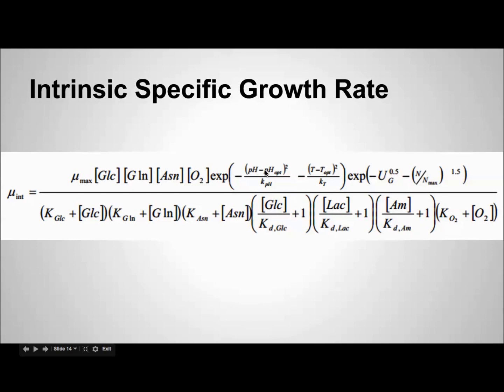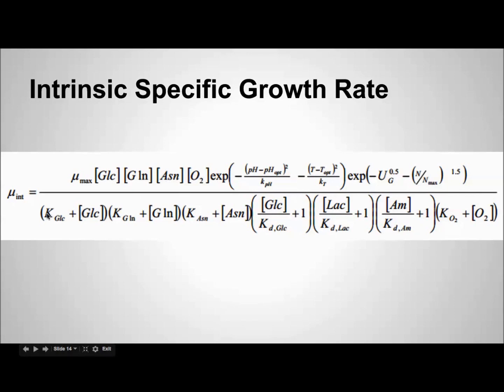It takes into account pH, our pH saturation coefficient, as well as our temperature and temperature saturation coefficients. UG is our sparging rate, and N is the speed of our impeller in our bioreactor. N max is the maximum that impeller can go.